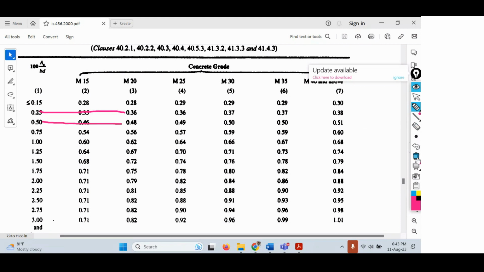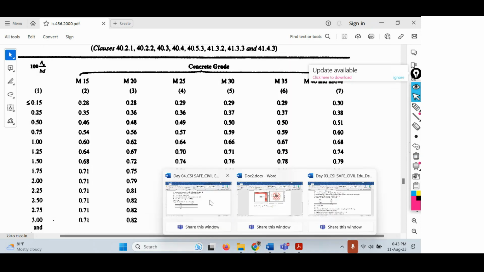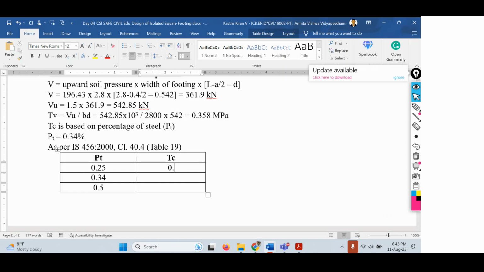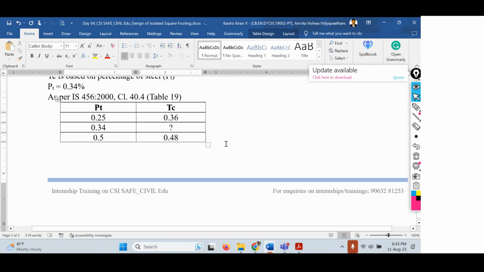Let me write those values. For 0.34 we have to find it out. I'll not go into the details of interpolation.